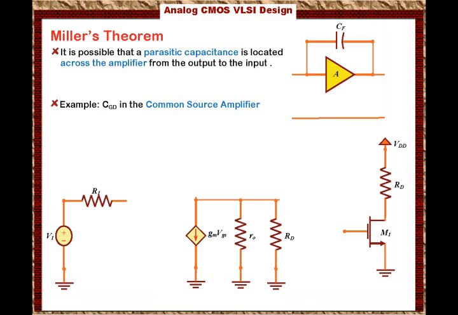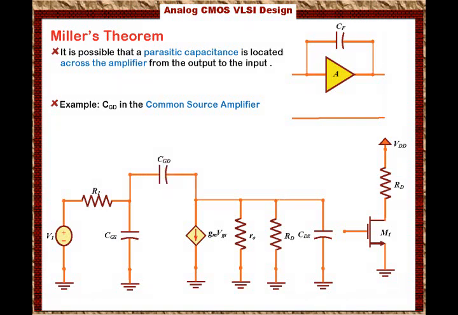To include the high frequencies, we have to add the capacitances of the transistor. Then we're going to add CGS, which is the gate-source capacitance, to the small signal model, and we will add CDS, which is the capacitance from the drain to the source of the transistor, and finally we will add CGD, which is the capacitance from the gate to the drain.